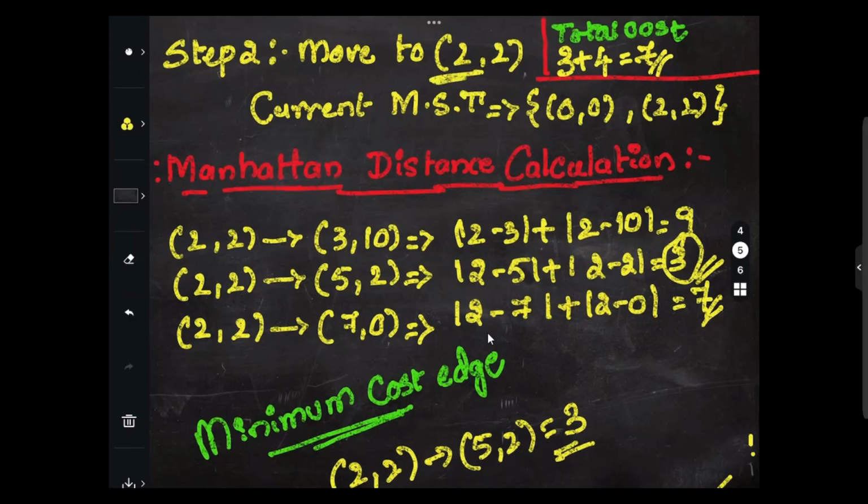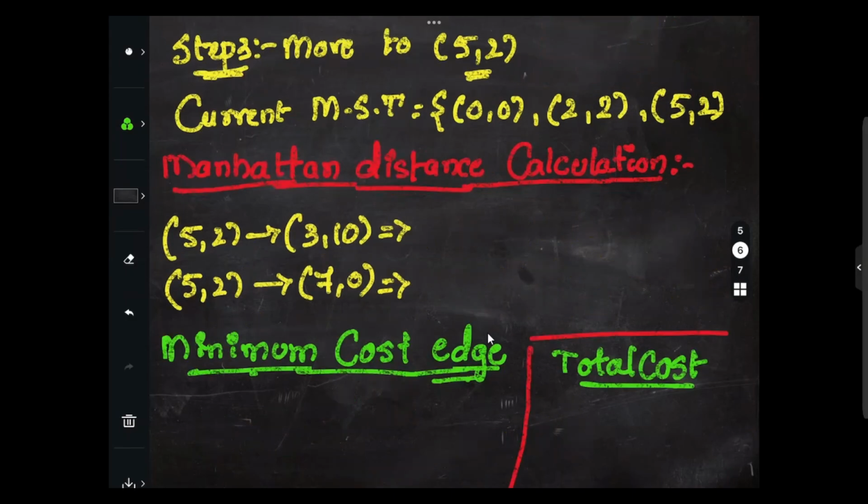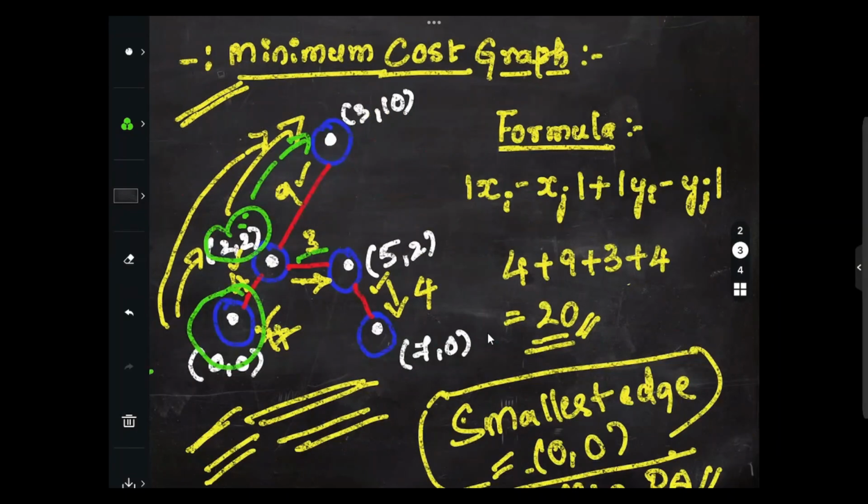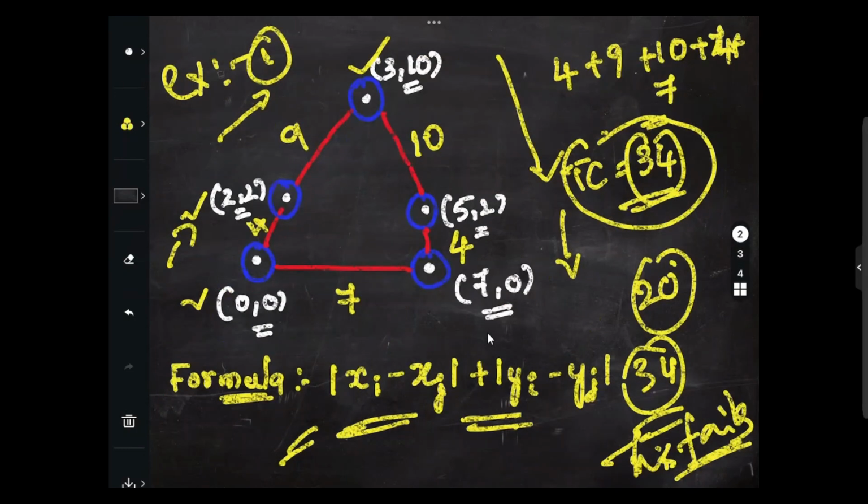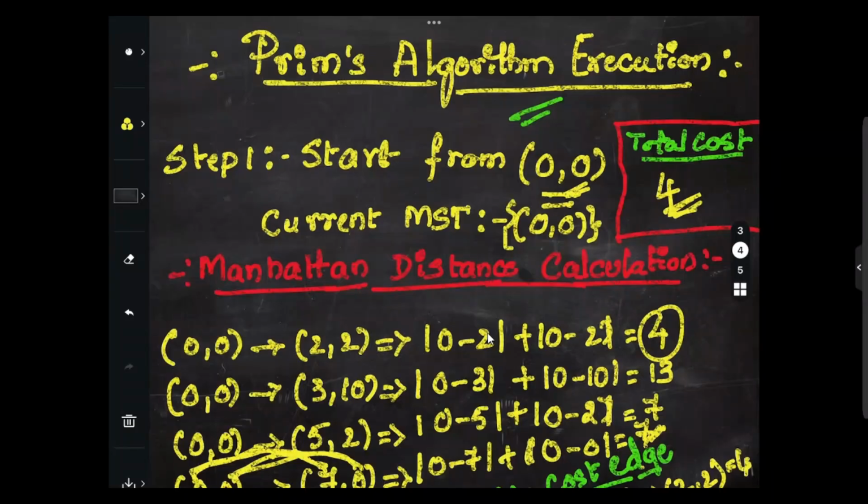So we were moving to the 2, 2. Next we have to consider this one. Let me come to the graph. So now we are ignoring 0, 0 and 2, 2. Let's consider 5, 2, because we have the smallest edge from 2, 2 to 5, 2, right? Here you can clearly see.